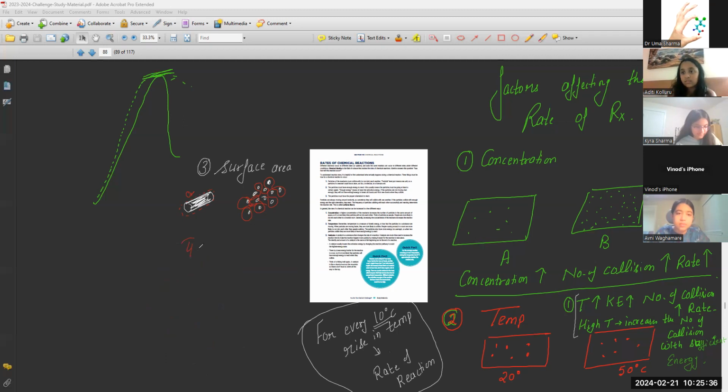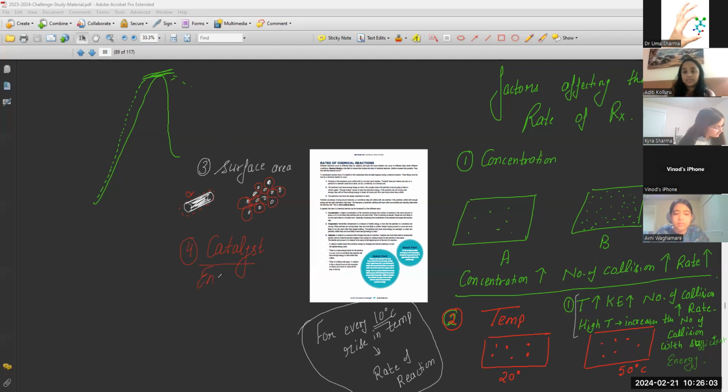Fourth is catalyst. You know the word catalyst? It's a very popular word. What is it? It's basically something that speeds up reactions. But do you know why? Now you can tell me why if I give you the diagram. A catalyst is used to speed up the reaction, like enzymes.